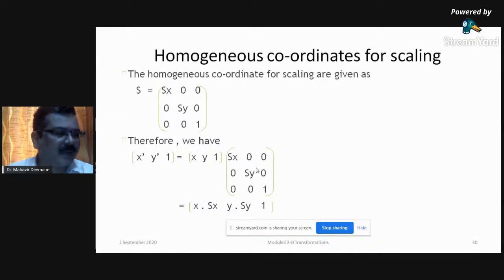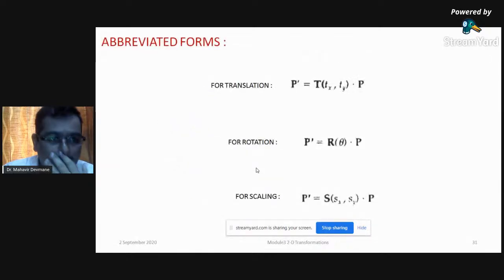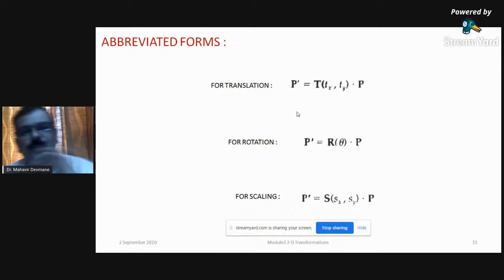For scaling, I will get sx 0 0, then 0 sy 0, 0 0 1, as shown on the screen, and we have discussed this pattern in more detail. For translation, I can say that it is tx, ty. Rotation is normally represented as a rotation in the anti-clockwise direction by the angle theta.